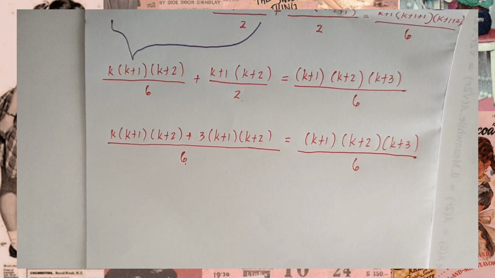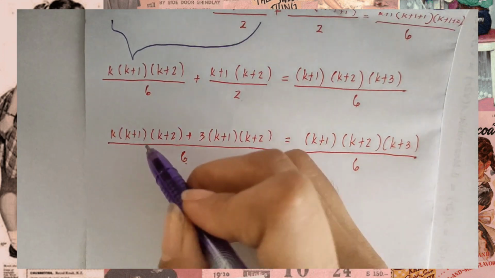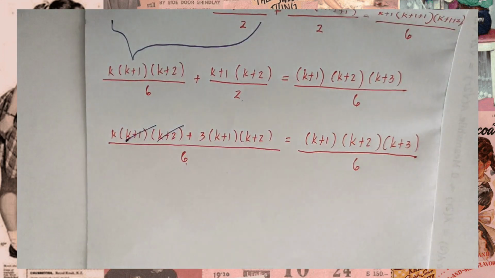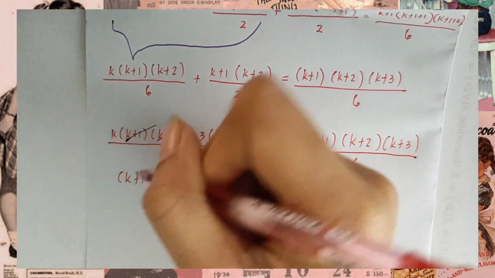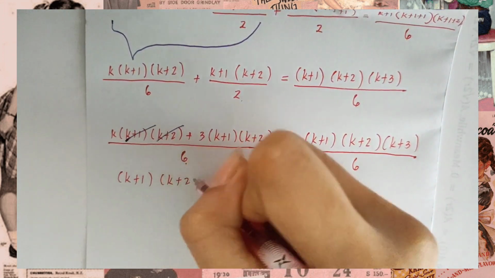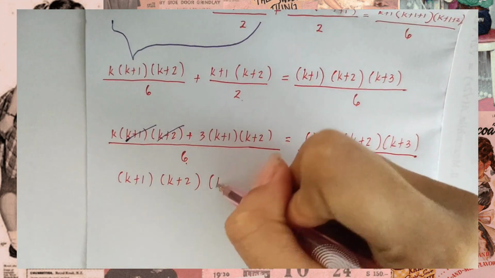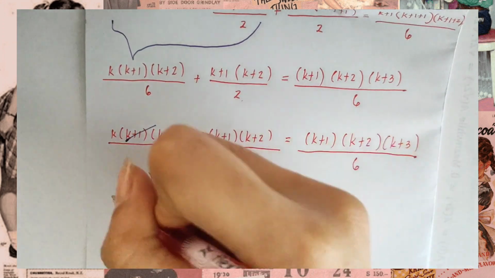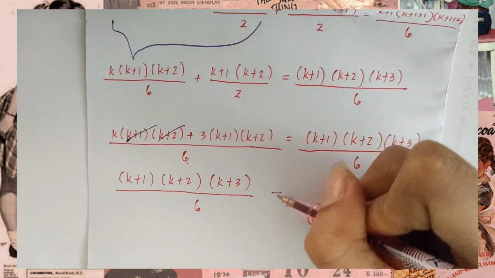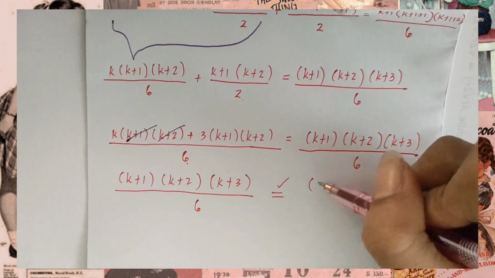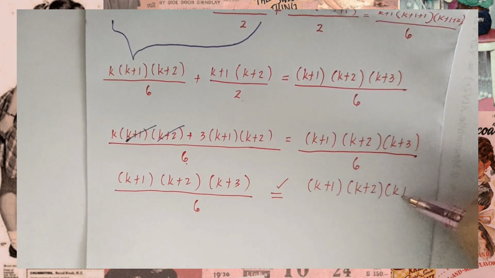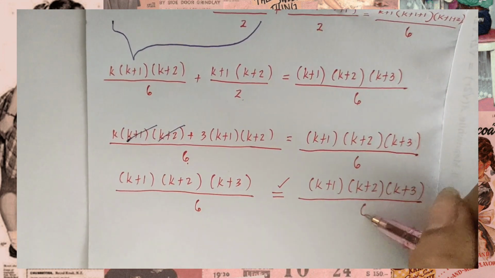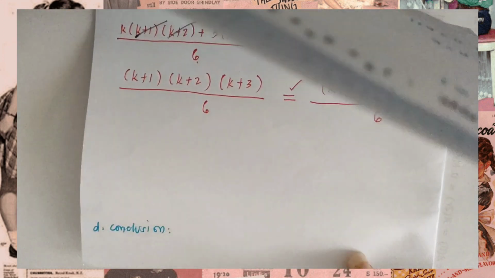Next, we need to factor out k plus 1 and k plus 2. So this will be cancelled. And what's left will now be the quantity of k plus 1 times the quantity of k plus 2, and of course, the quantity of k plus 3 over 6. The left side of the equation balances with our right side. Next step is to write our conclusion.